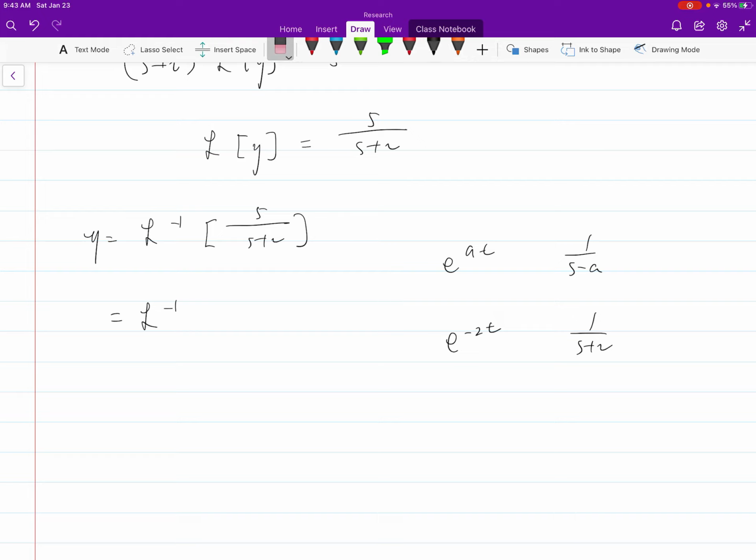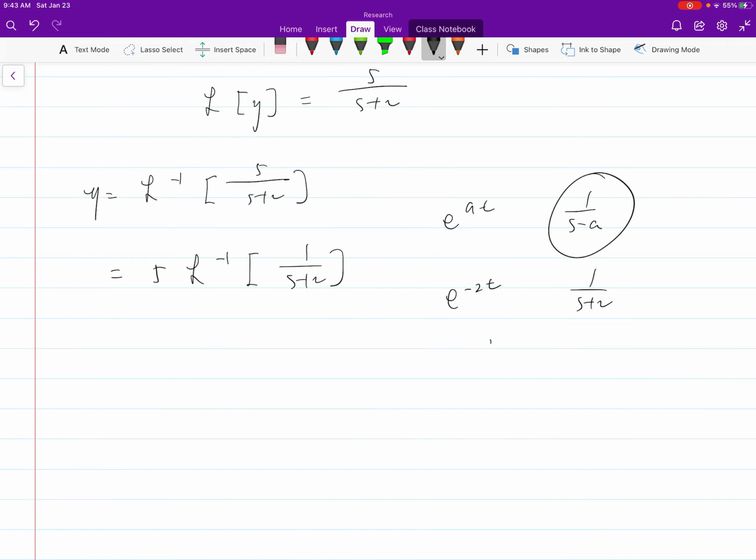That's exactly what you want, s plus 2. So it's almost there, but you have a 5 here. Thanks to the linear property, I can take the 5 out, and it's exactly the same as what we had before with a equals negative 2. Therefore, this equals 5 e to the negative 2t.